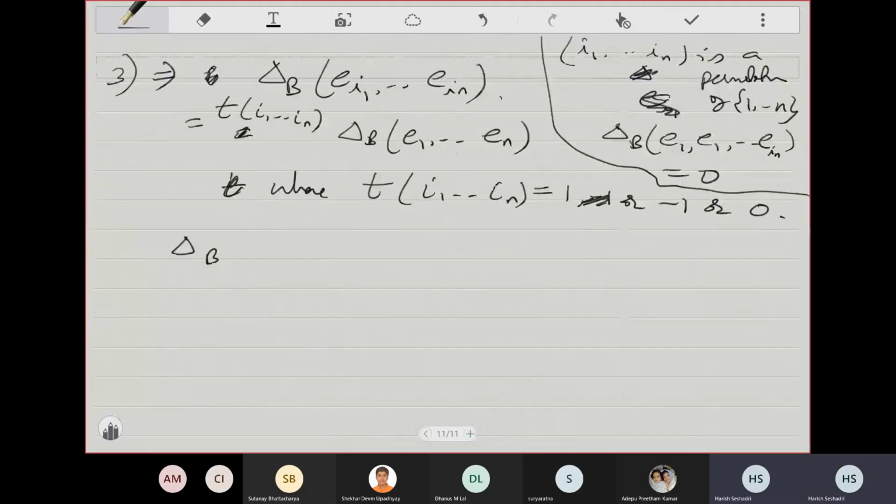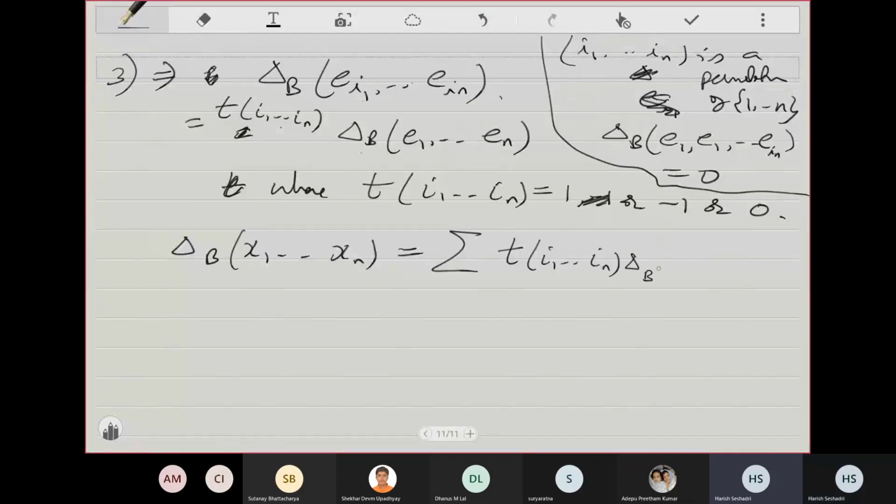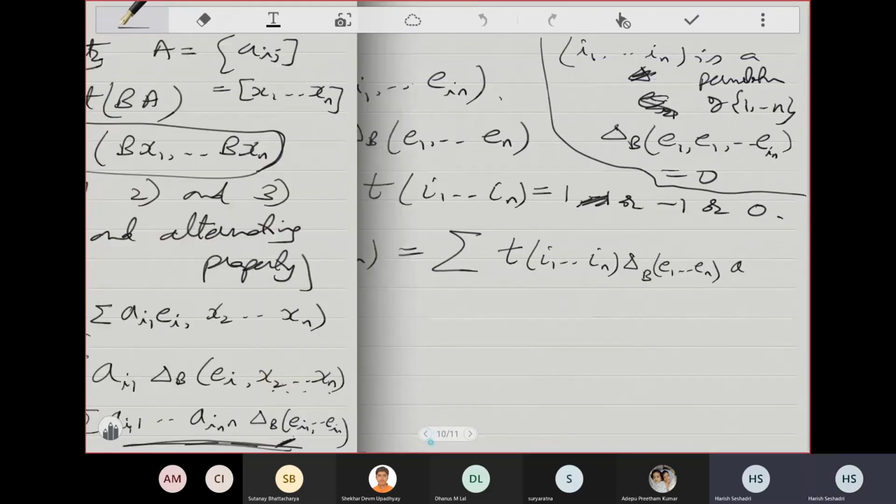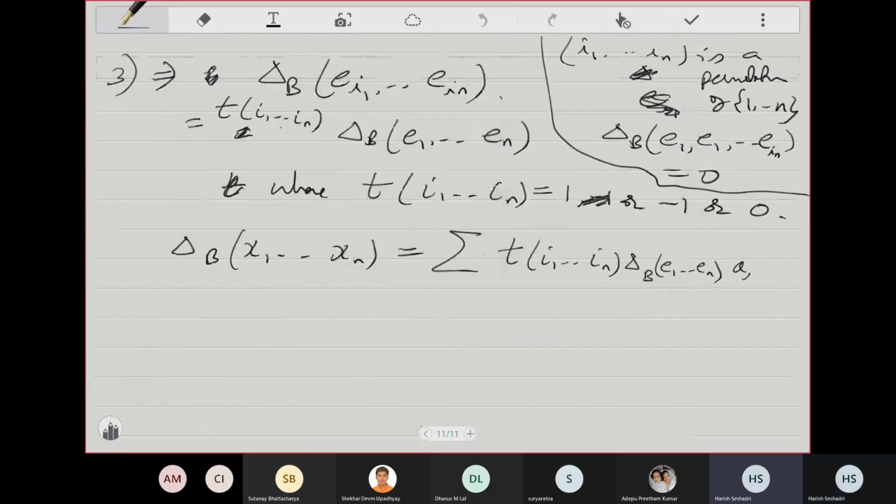So delta B x1 up to xn, now I'll write as, oh, of course, these A's were there, so I'll put the t as well: t of i1 up to in, delta B e1 up to en, and then this usual A i1 1 up to A in n.